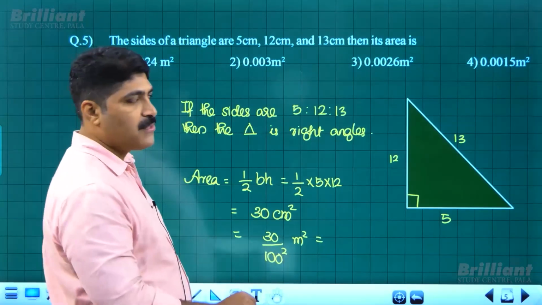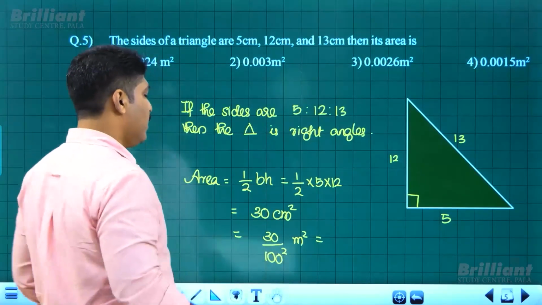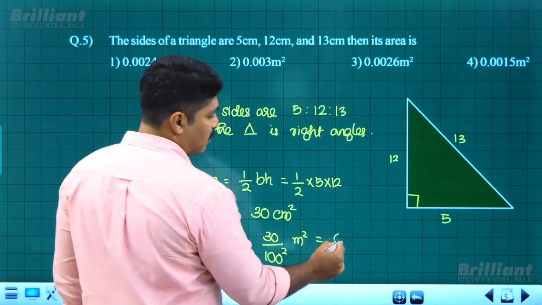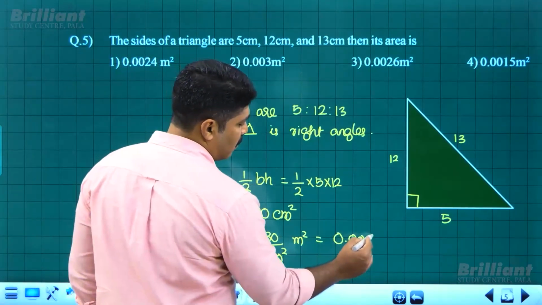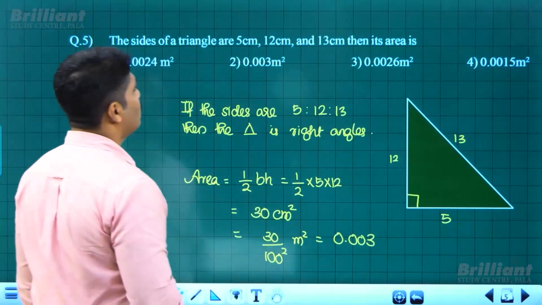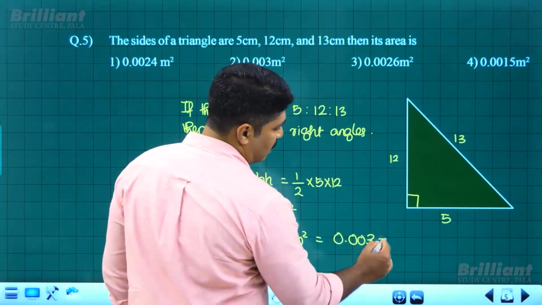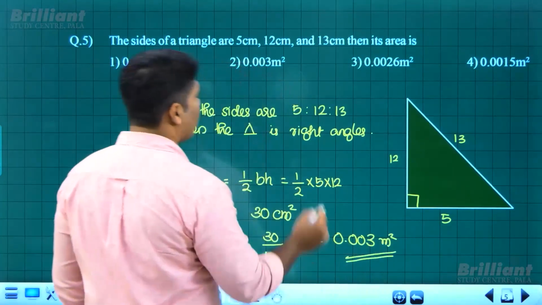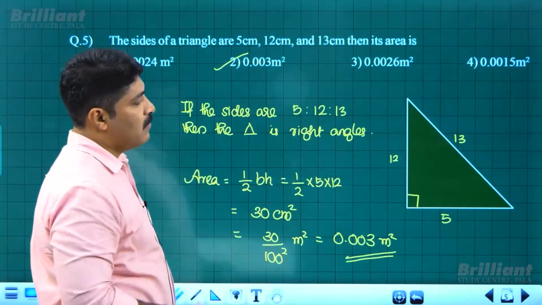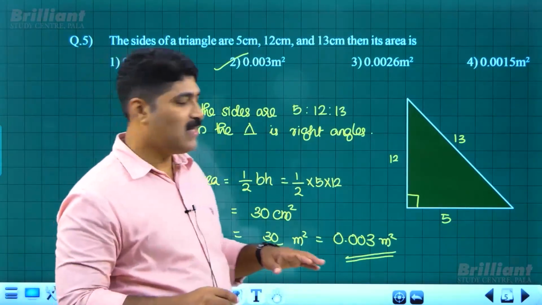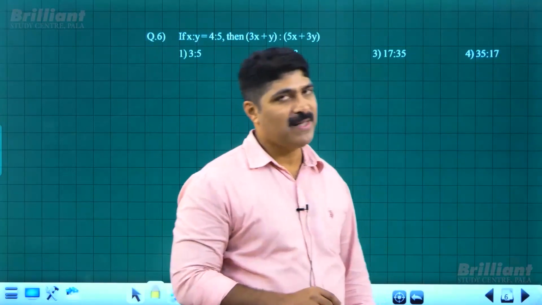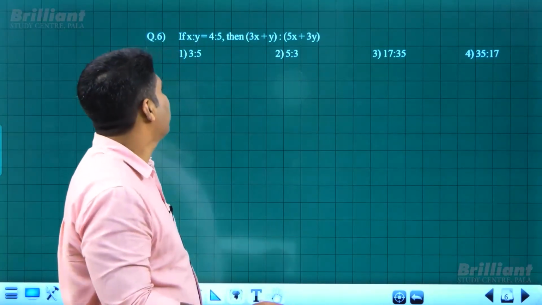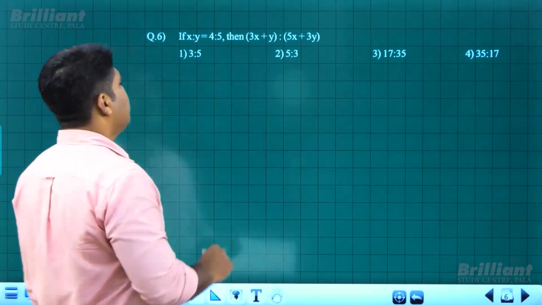So 30 by 100 square means 1 after 4 zeros here, so therefore 4 decimal places. That means 0.0030 meter square. We can convert it like this. So first of all, here we have to understand this is a case of Pythagorean triplet. Based on that Pythagorean triplet, we can reach the conclusion. So this is a basic ratio related question.